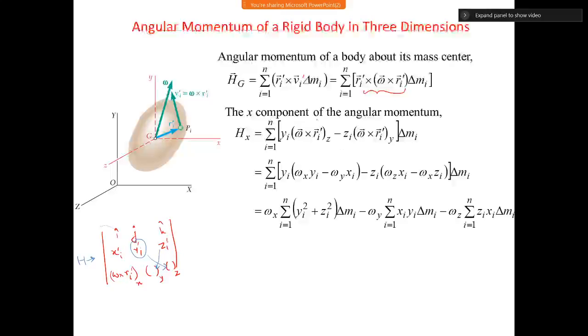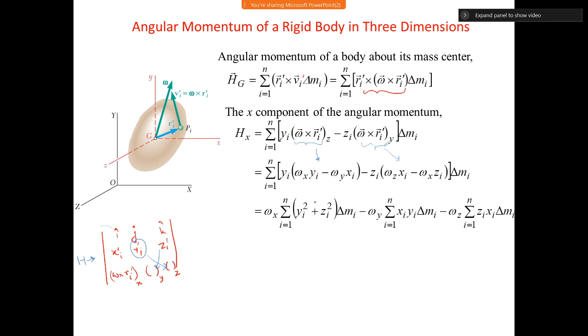So that is the hx. Now if I expand this further, omega cross ri, where omega is a vector with components omega x, omega y, omega z, has a z component of omega x yi minus omega y xi. You can check that. In the same way, the y component of this vector is going to be this term here.